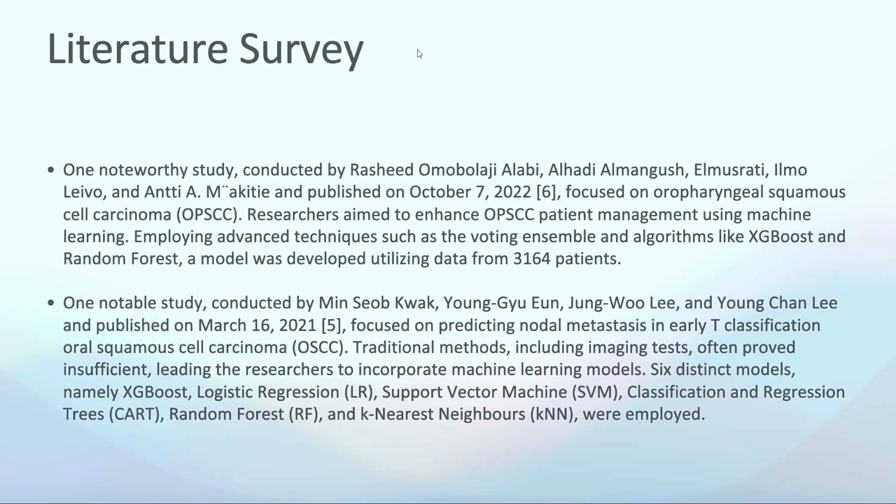So, literature survey. We conducted multiple literature surveys where researchers focused on healthcare datasets. One noteworthy study aimed to enhance OPSCC patient management using machine learning.